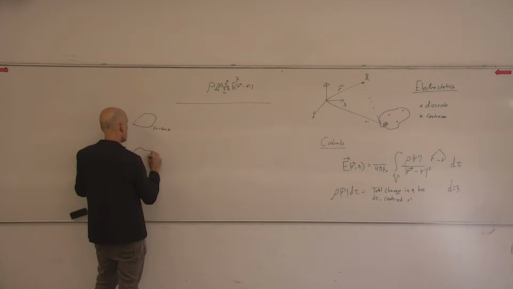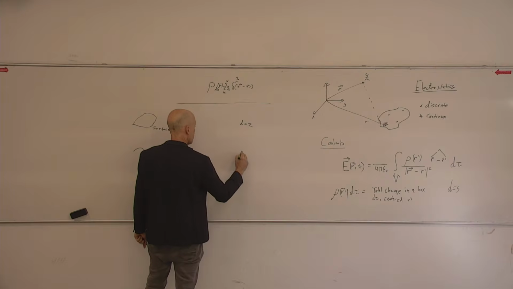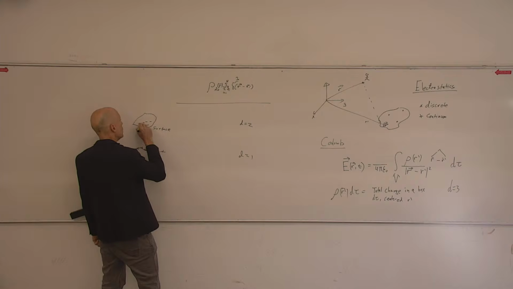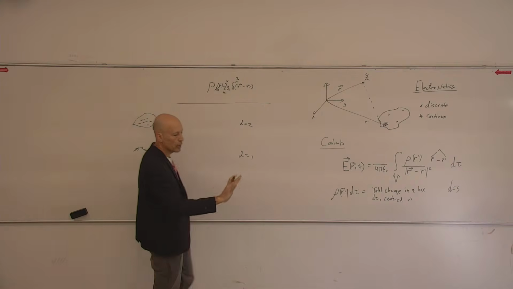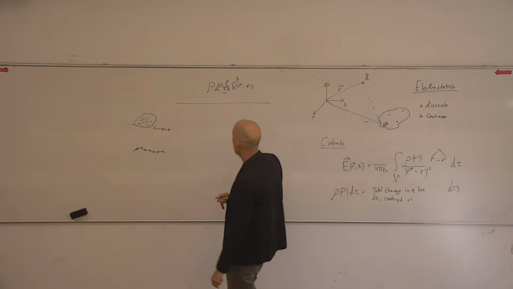Or we can describe this as dimension 1. So here I have some charges on this spaghetti, and here I have other charges. Smooth, I'm talking about smooth things, not about discrete things.